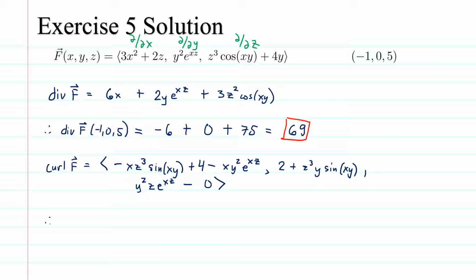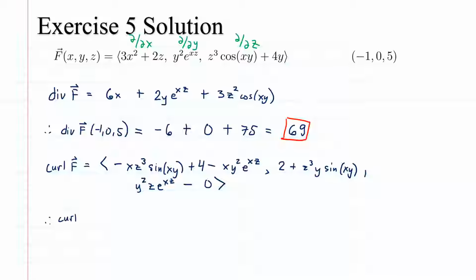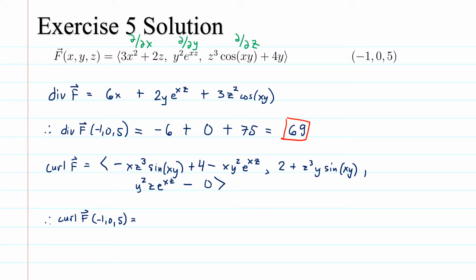So therefore, yung curl f evaluated at the given point, negative 1, 0, 5, will be itong buong expression na to, again, evaluated at negative 1, 0, 5. Okay, so ano mangyayari?